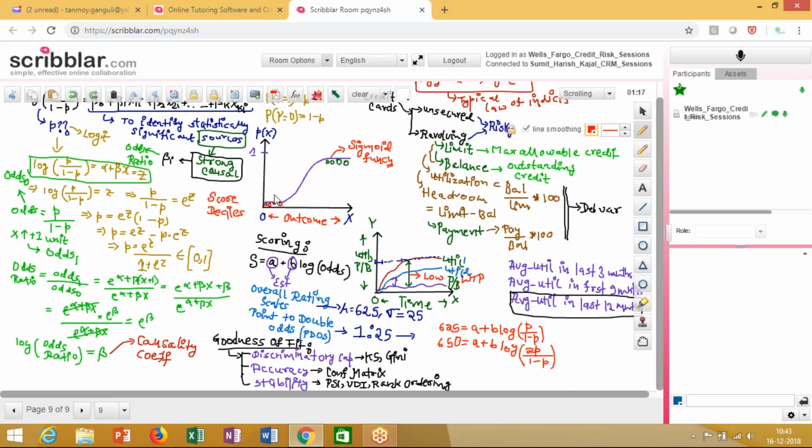So you are ordering all the numbers and dividing them into 10 equal parts such that each part of the data contains 10% of the observations. So when I talk about score deciles, it's about dividing the scores into 10 equal parts such that each decile contains a given share of the data.